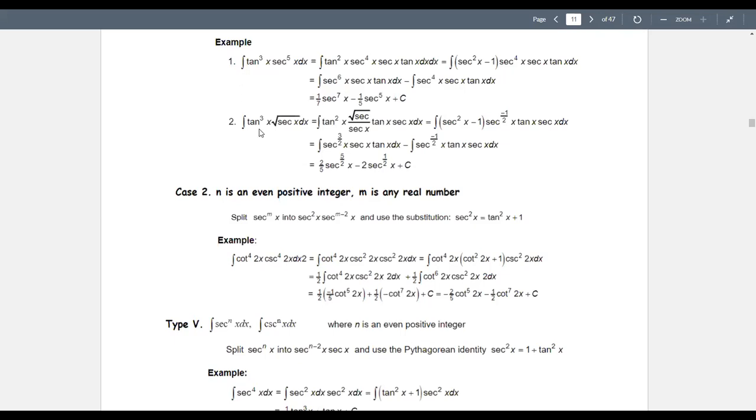Okay? Now, for the secant function, you may think, how am I going to get one from it when in the first place its exponent is just 1/2? Easy. You do manipulation. You really need to have the tangent and secant together because they will represent the derivative of the secant. So you have it here.